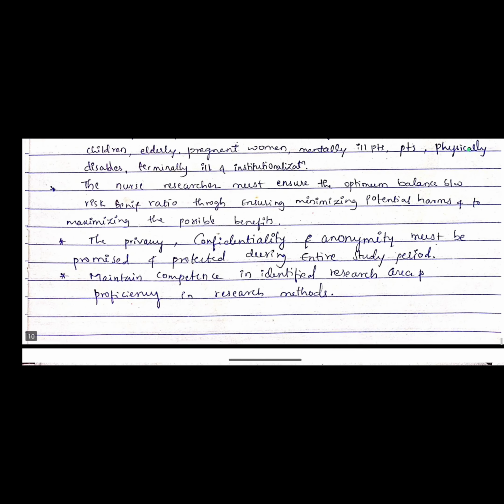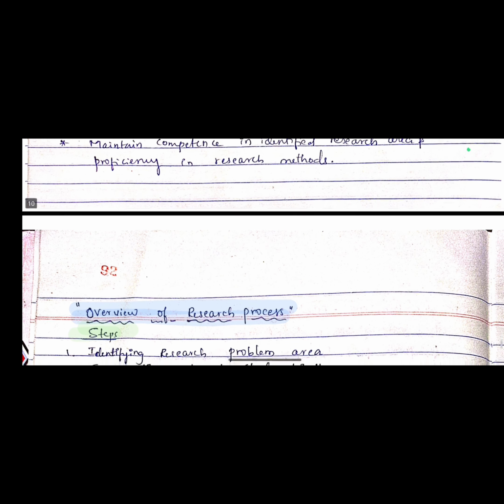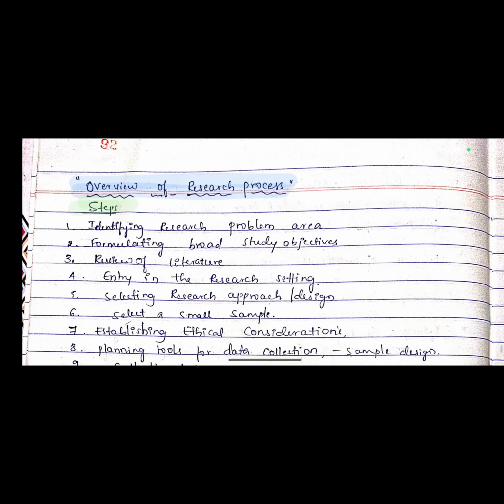The nurse researcher must ensure the optimum balance between risk and benefit by minimizing potential harms and maximizing the possible benefits. Privacy, confidentiality, and anonymity must be promised and protected during the entire study period. Maintain competency in the identified research area and in research methods.